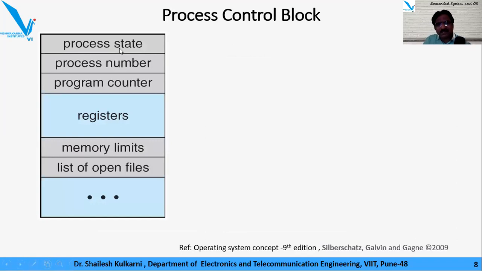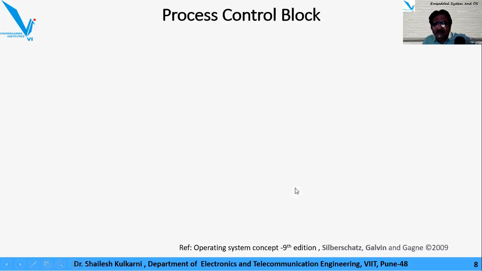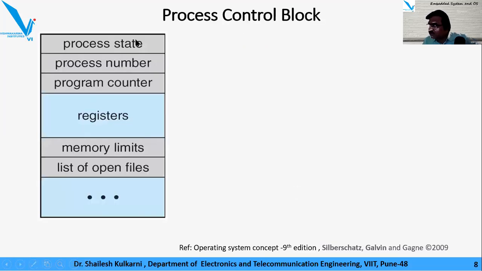You can have the states of the process. The encoding of these states, which state the process is undergoing, has to be there, and the process state field of the process control block would maintain that encoding of the state.